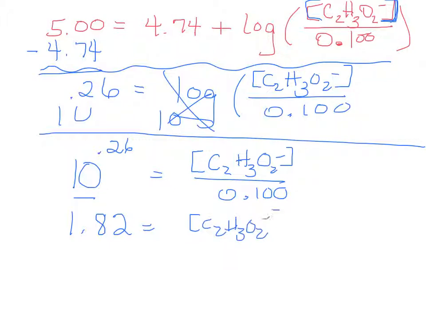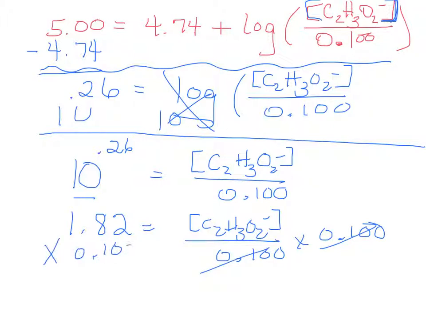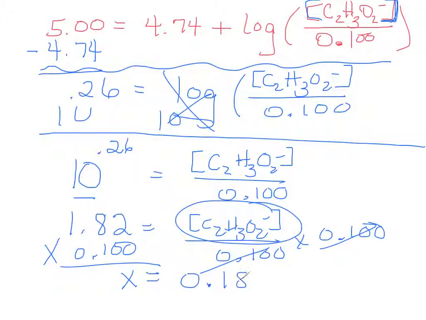And the last thing we're going to need to do is multiply both sides by 0.1. And so we have that X, or the amount of conjugate base that we need, is 0.18 moles.